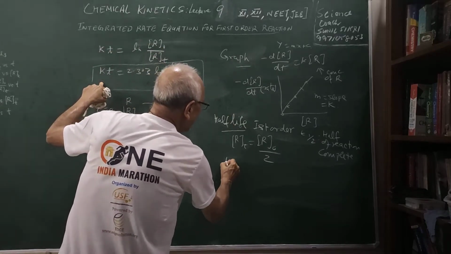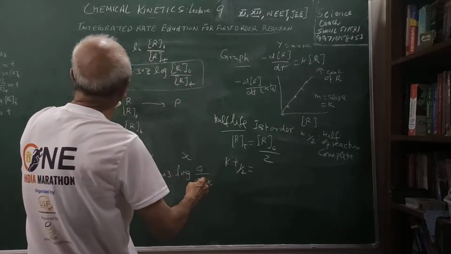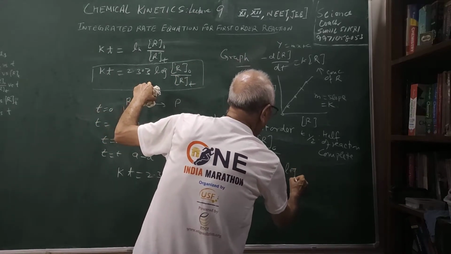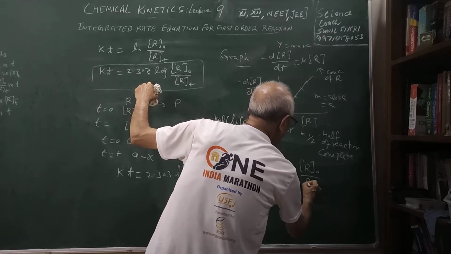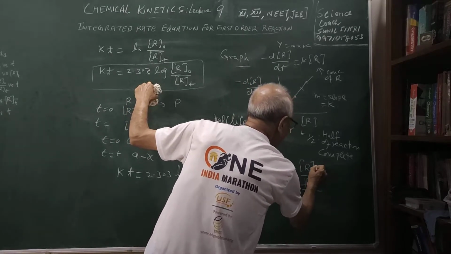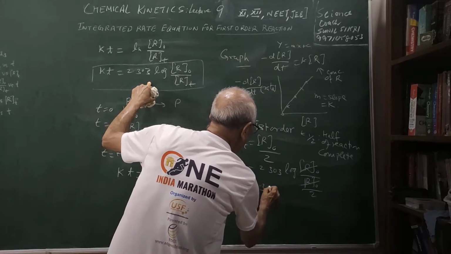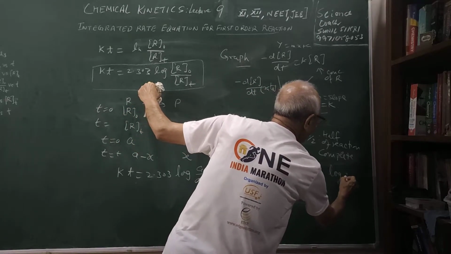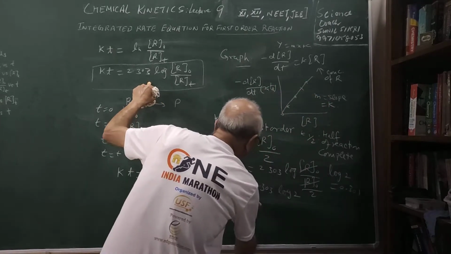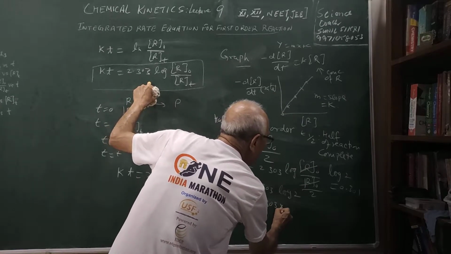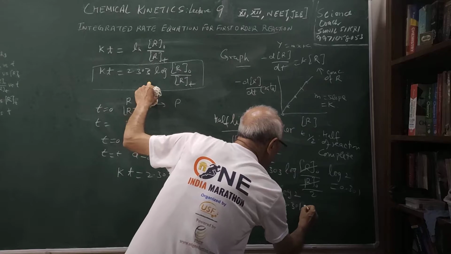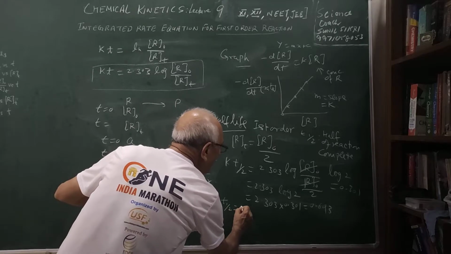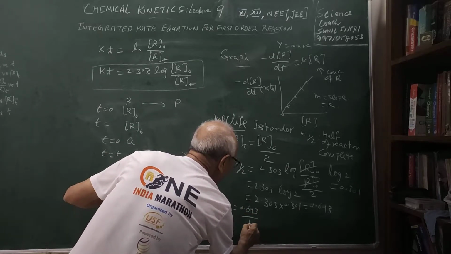If I put this value here, kT half is equal to 2.303 log of R0 divided by R0 by 2. This cancels out, so it becomes 2.303 log of 2. The value of log 2 is known to us, you can remember it. It is 0.301. So 2.303 into 0.301 is equal to 0.693. Therefore, we can say that half-life is equal to 0.693 by k.